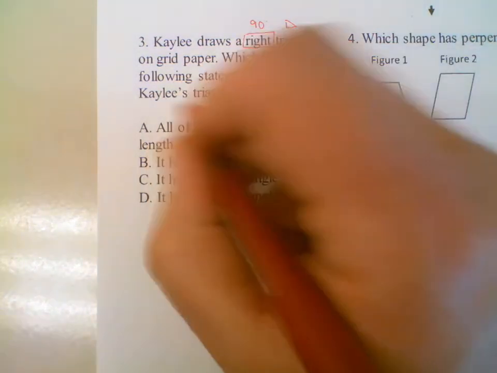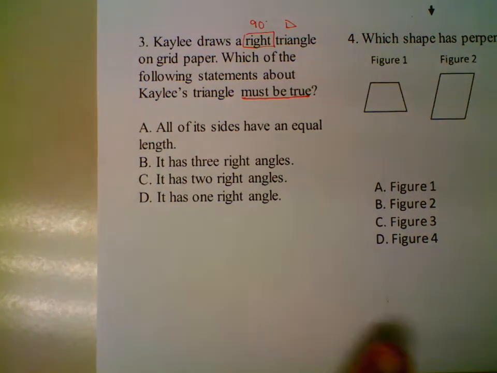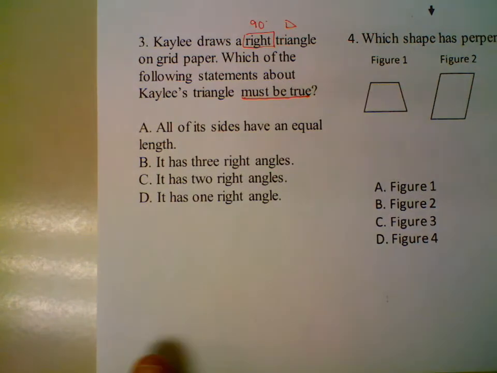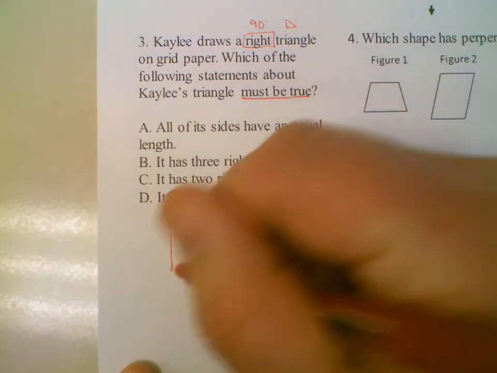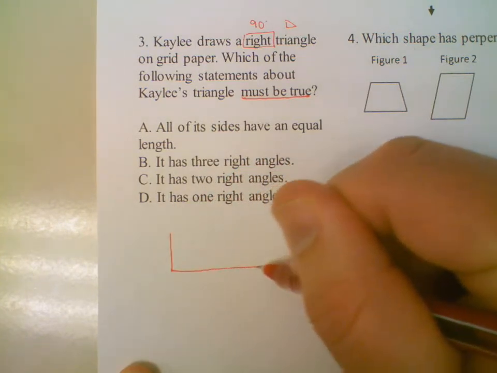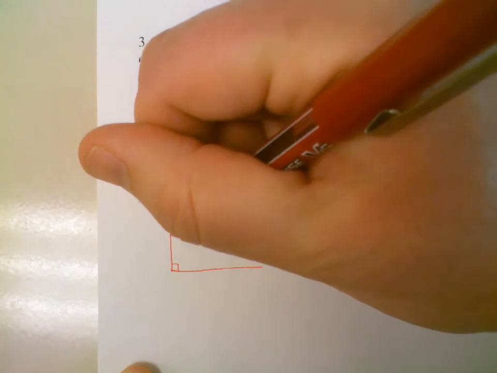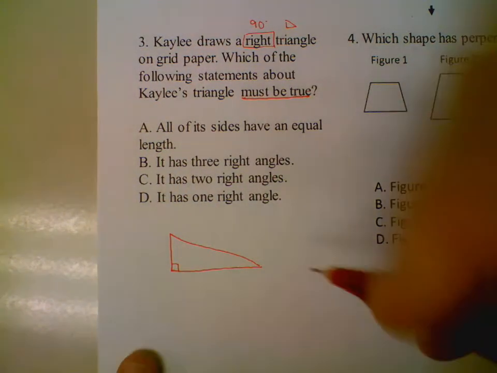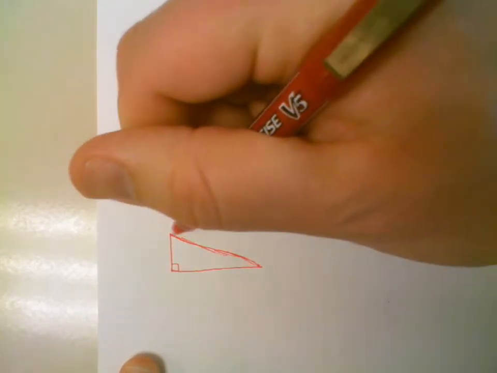Must be true, that's the question there, isn't it? Maybe I could draw a nice little right triangle here. So it's going to have a right angle, and then it's going to be closed because it's a polygon, right? I could have made that a little better, but I think you get the gist of it, right?